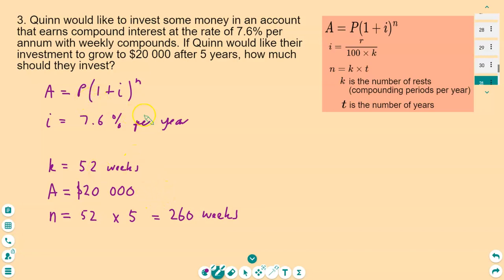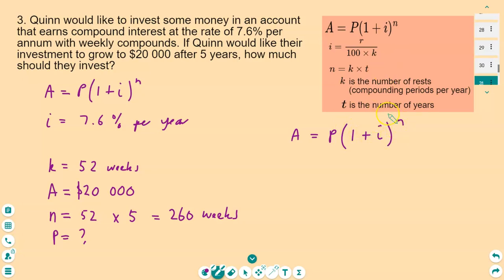They're asking how much should they invest initially, at the start. The present value, which is sometimes what it's called. This time we're actually finding P. I'll write my compound interest formula over here.